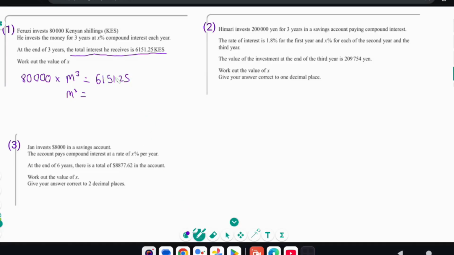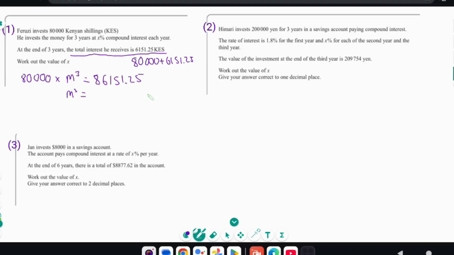This is the total interest he's received. So we need to add on 80,000 to this, which will give us the final amount with the investment. Okay, that makes more sense.